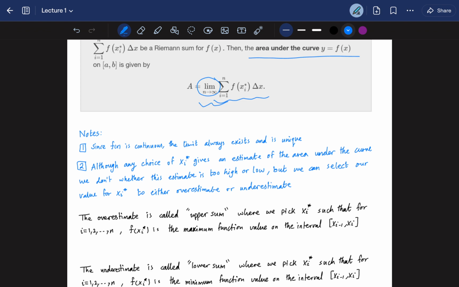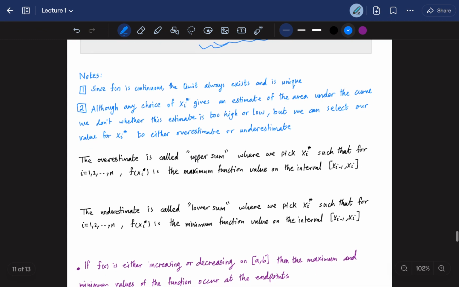Okay, so although any choice of xi star gives an estimation of the area under the curve, we don't know whether this estimate is too high or too low. But we can choose xi to either overestimate or underestimate. So what does that mean?